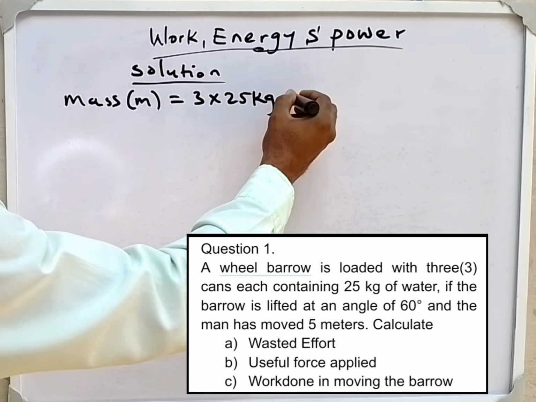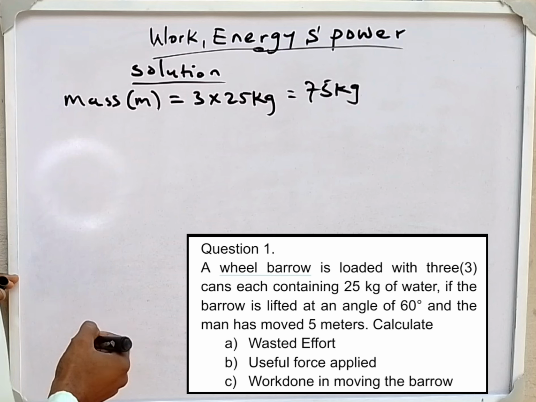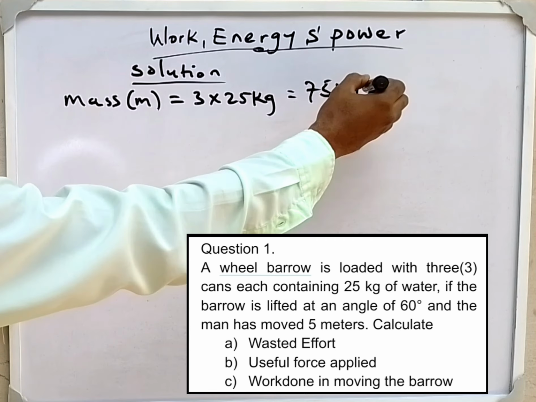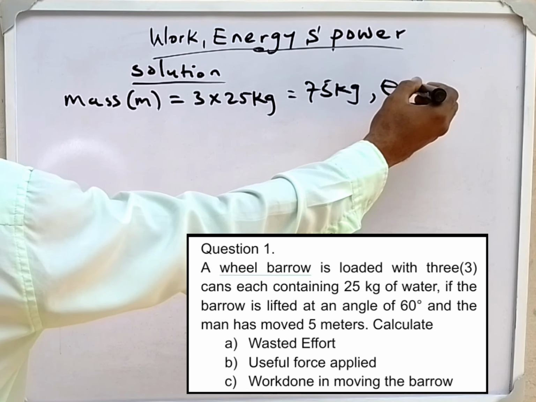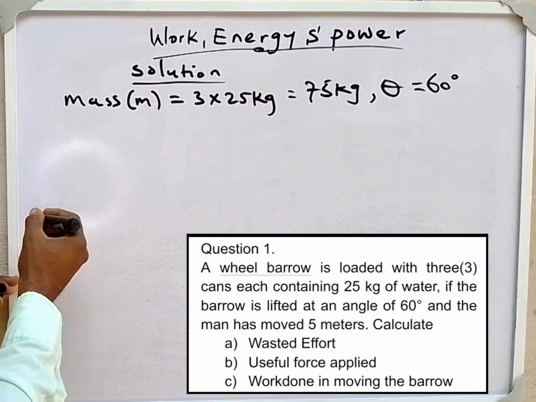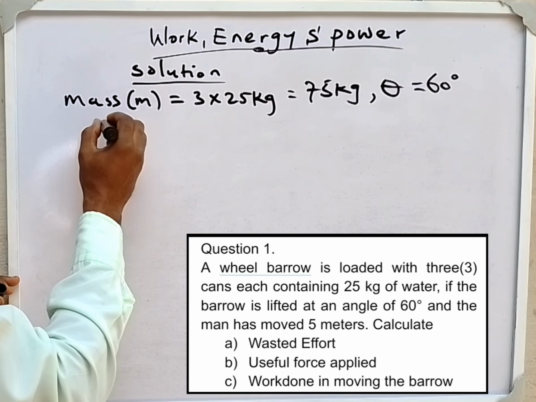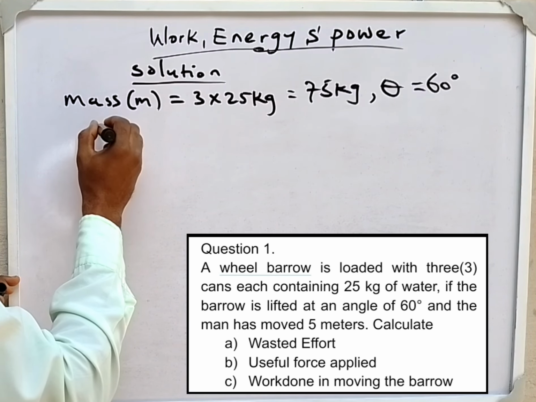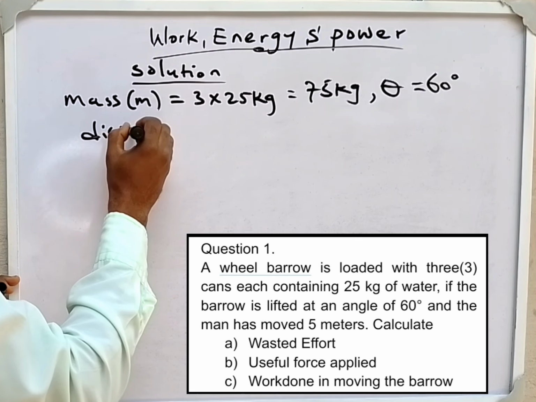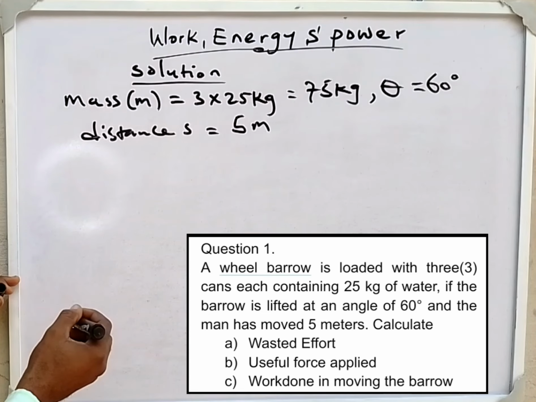So the total mass now is 75 kg. Then the angle of inclination: the barrow was lifted at an angle of 60 degrees to the horizontal. Then the man moved how many meters? Distance S is 5 meters.